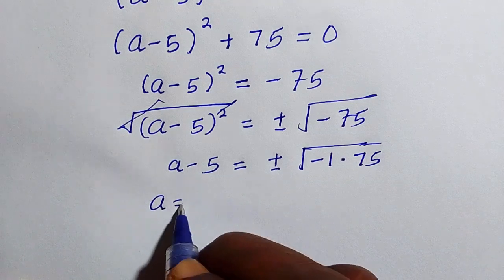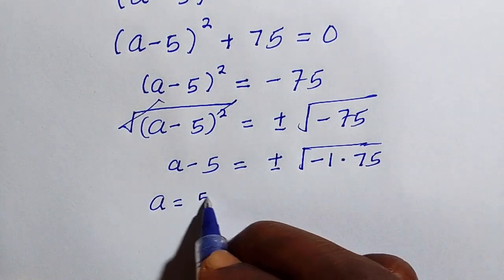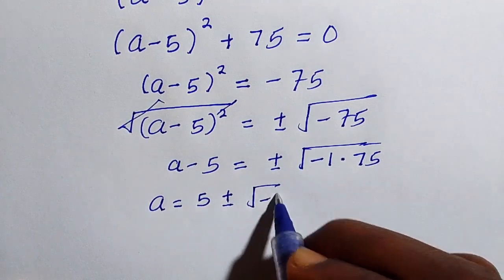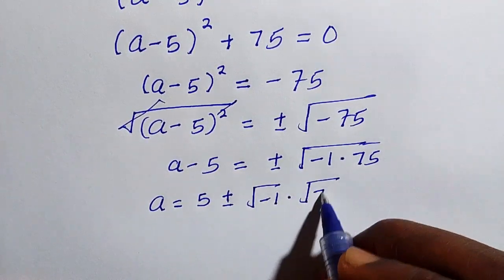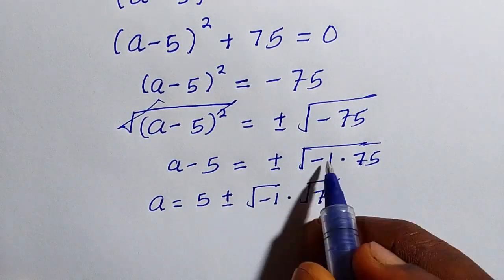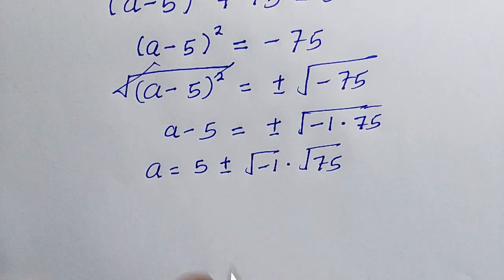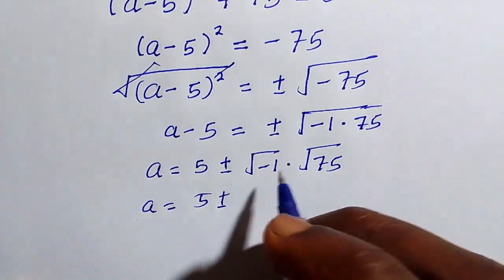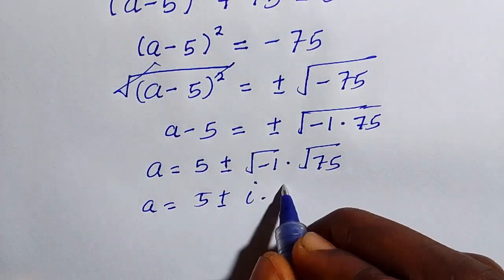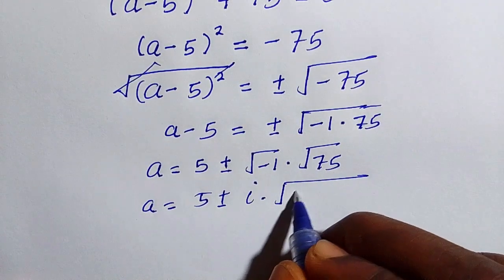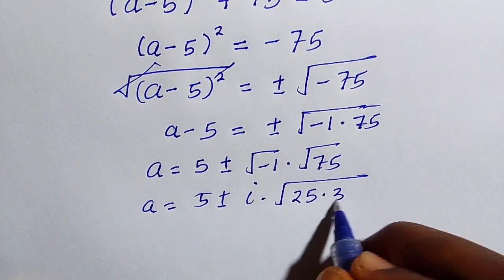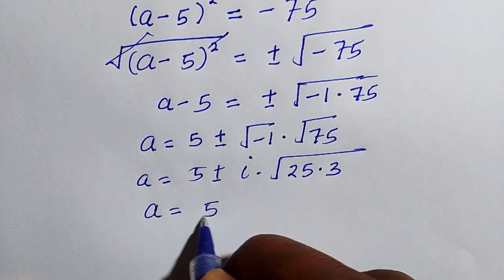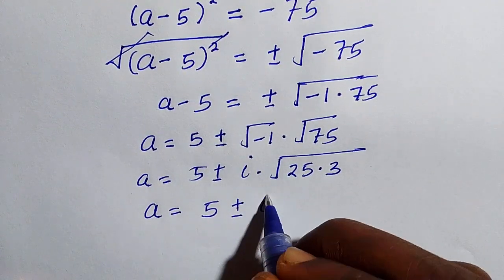So we have a = 5 plus or minus the square root of -1 multiplied by the square root of 75. The square root of -1 is given as i. Then we can break 75 into the product of 25 multiplied by 3.